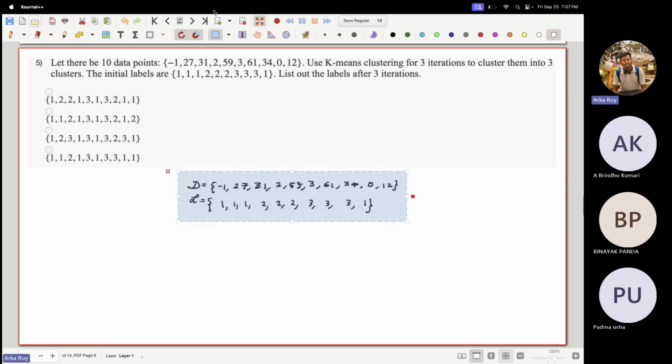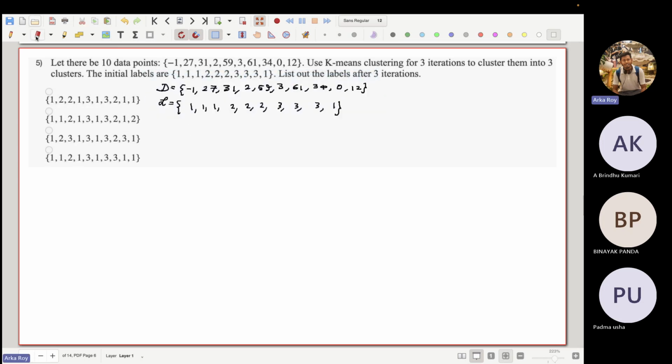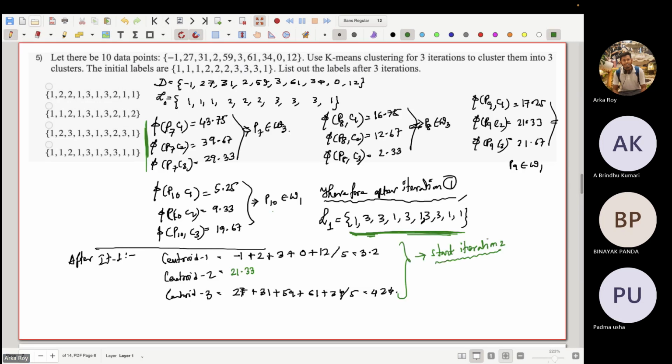Okay, so I can again copy some of the things. 8.3, so you can, yeah. And the current label should be, so this is the current label, so I can just copy paste this particular part.